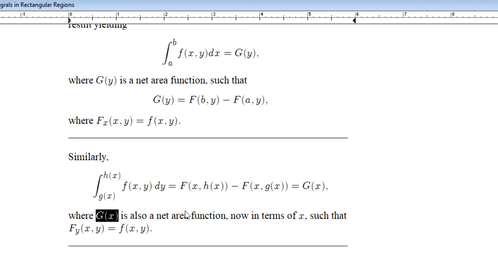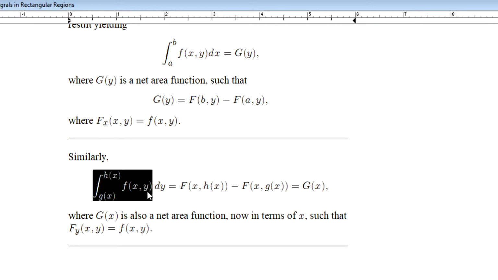It's a net area function in this case that occurs at a specified value of x in the two-dimensional system, where at that specific value of x, y is going to vary between function g of x and function h of x.